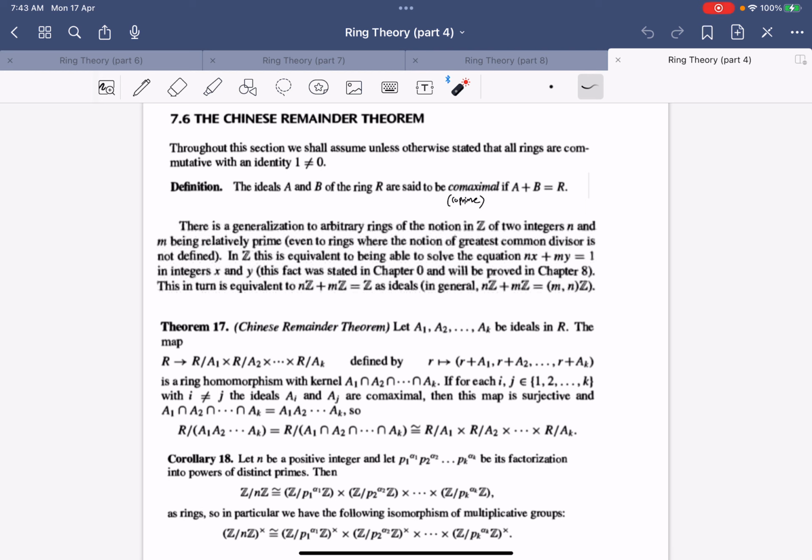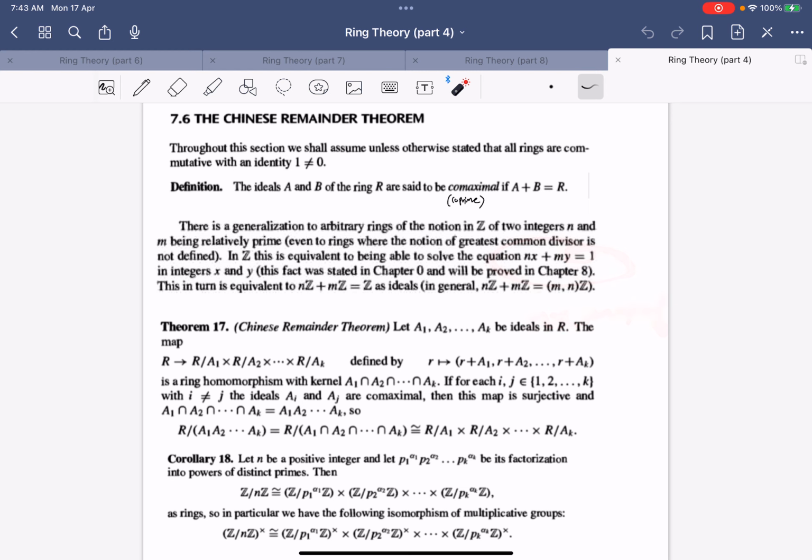So two ideals are coprime if when you take the sum of them, it equals the entire ring. And this is really the generalization of coprime integers, because coprime integers means that you can find a solution to the equation nx plus my equals 1.